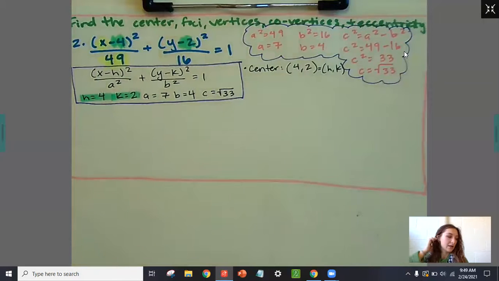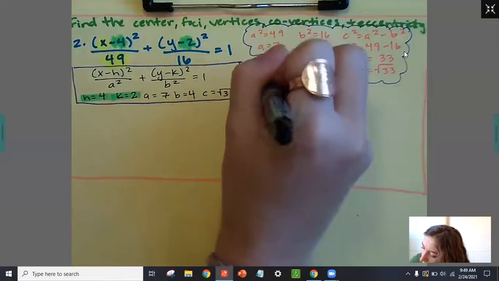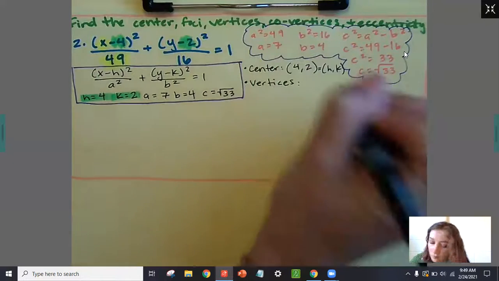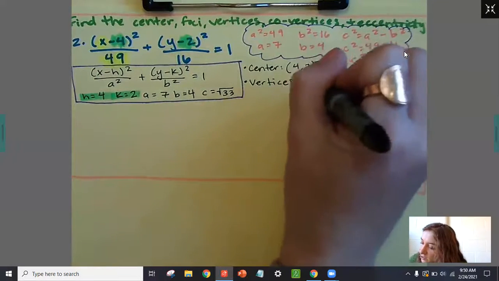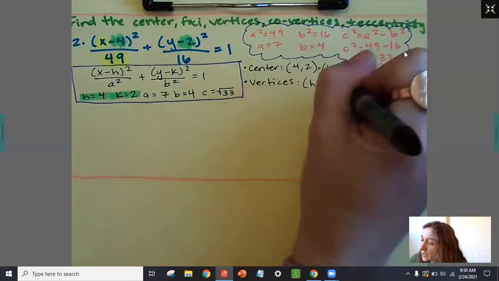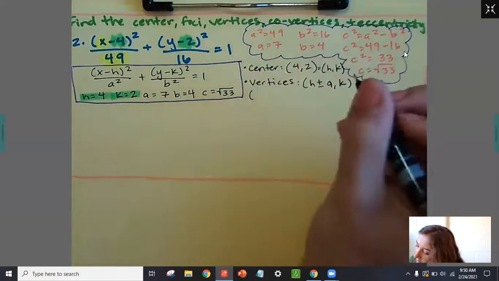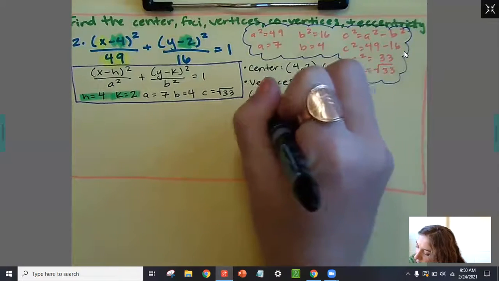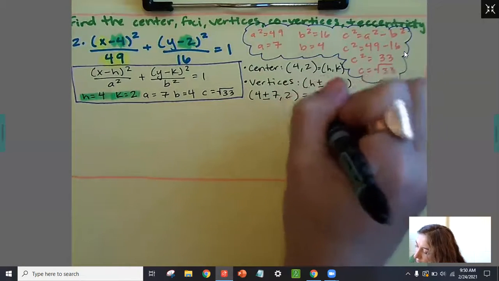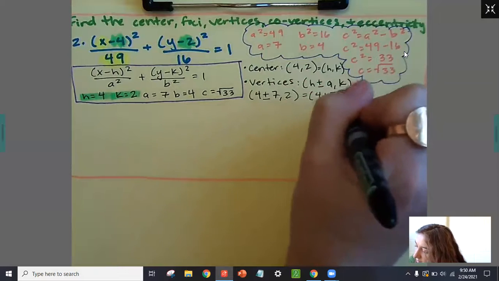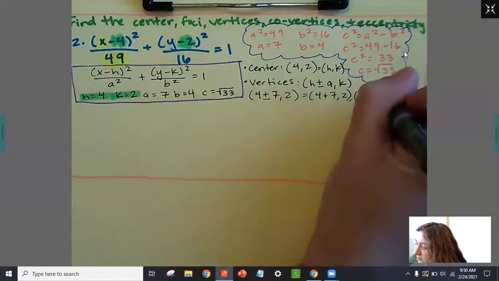All right, and the next thing is our vertices. And we are going to write out the formula for this. We're using the first set of formulas. So this is going to be h plus or minus a, comma k. So this is going to be h, which is 4, plus or minus a, which is 7, comma k, which is 2. All right, so we're going to get 4 plus 7, 2, and then we also have 4 minus 7, 2.